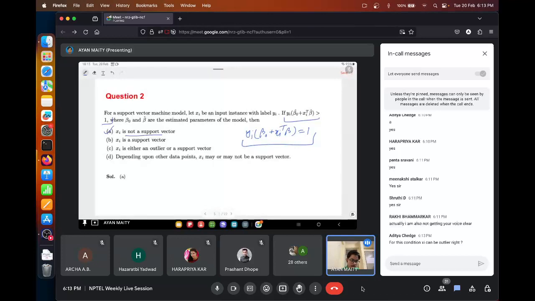Aditya is saying that for this condition xi can be an outlier. Yeah, xi can be an outlier, but option C is either an outlier or a support vector. So it is certainly not a support vector because the functional margin is greater than 1 for this point. So C is also not true.